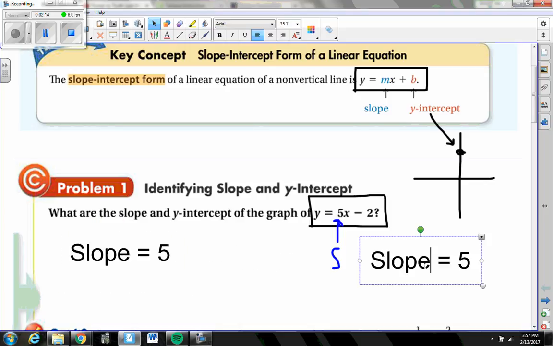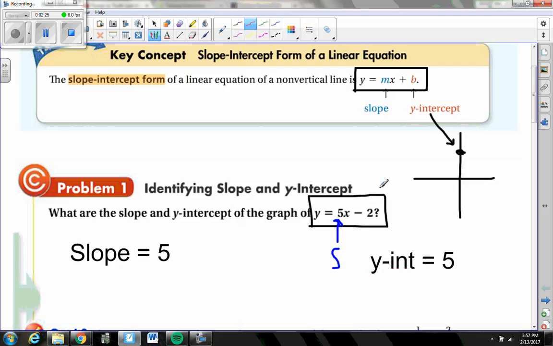And I could say that the y-intercept, which I usually abbreviate y-int, is the other number in this form. That's the b value that's added on at the end. The thing I just have to be careful of here is that the number that's added on at the end is actually subtracted on at the end.